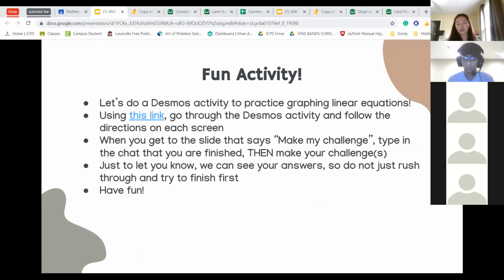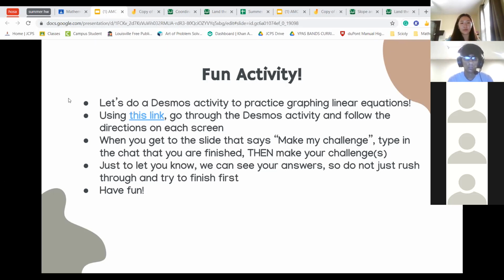Is it fine if we continue without signing in? I think it should be fine. If you want to sign in with your Google account, that's also fine. But if you want to continue without signing in, I think it should still work.